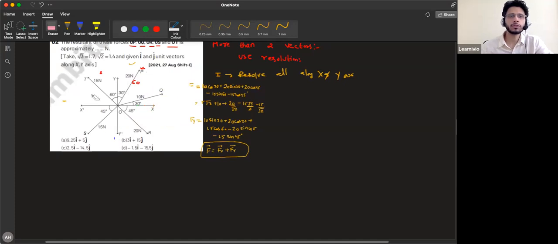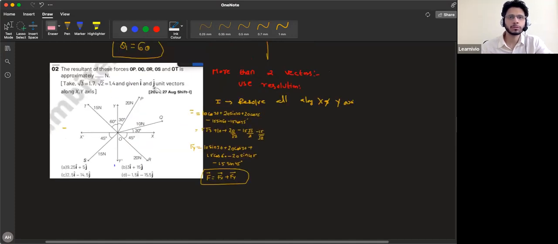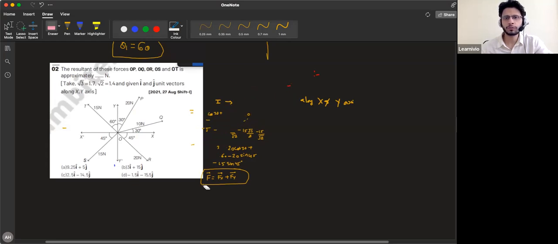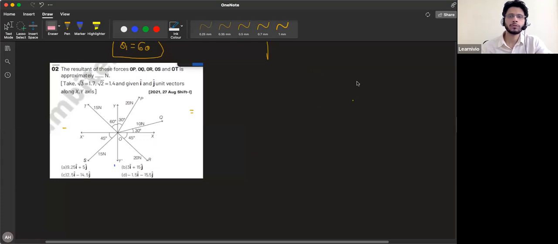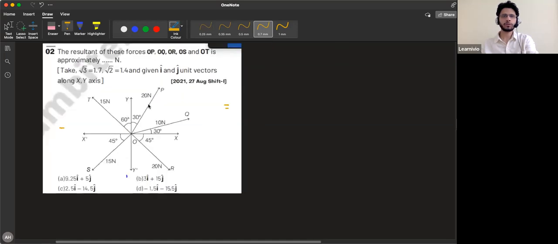This single question will check all aspects of resolution and also the parallelogram law. Initially I'm taking questions from JEE just for the sake of your calculations.